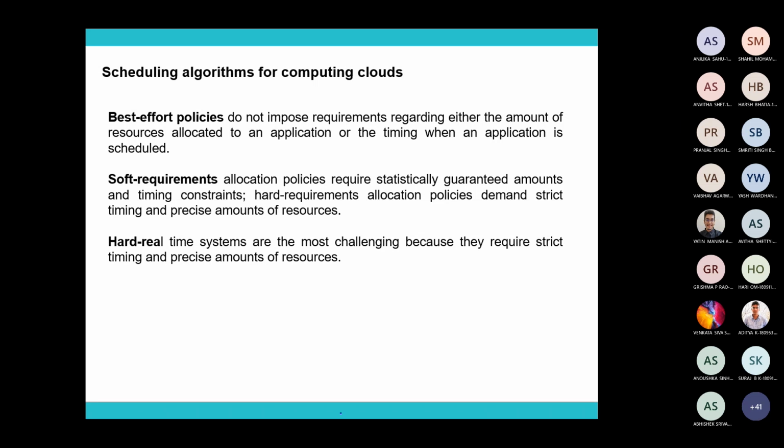We need to consider both the client perspective as well as the provider perspective. From the cloud customer perspective, you have to provide the service with the best performance, and at the same time, you have to make sure that the cloud provider will have enough profit.